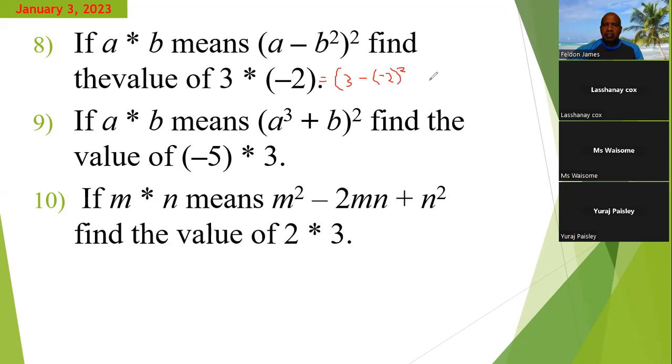Yes, sir. And I close the bracket with the square on the outside. Following the BEDMAS rule, sir, we'd have to work whatever is in the bracket first. So what I did was to write back 3, and then the minus and the minus would give us a positive 2.